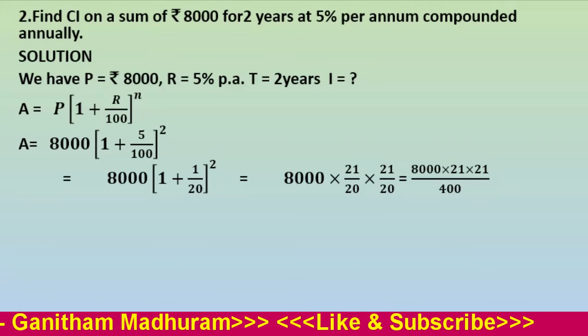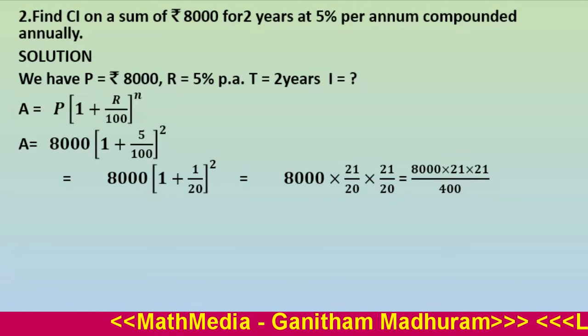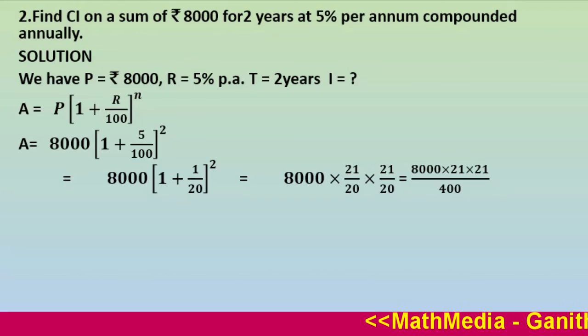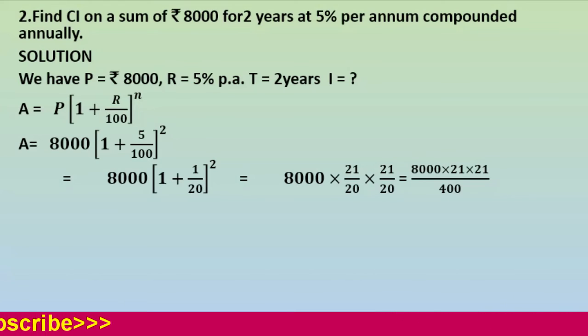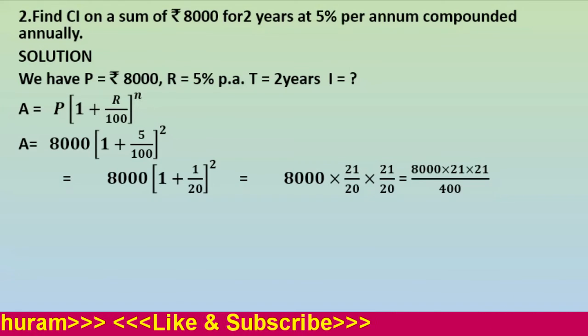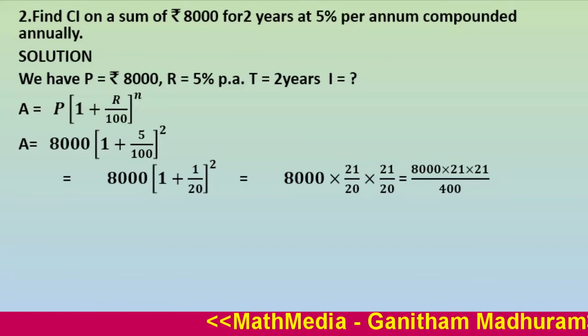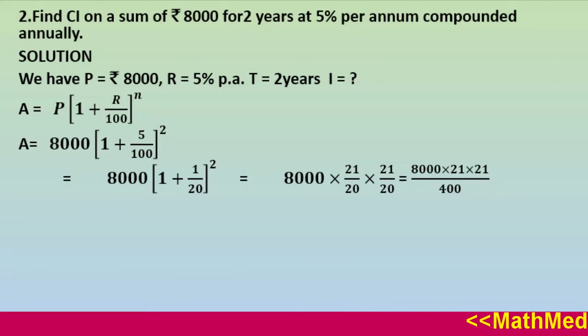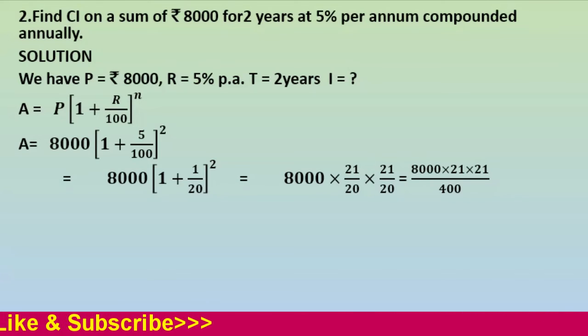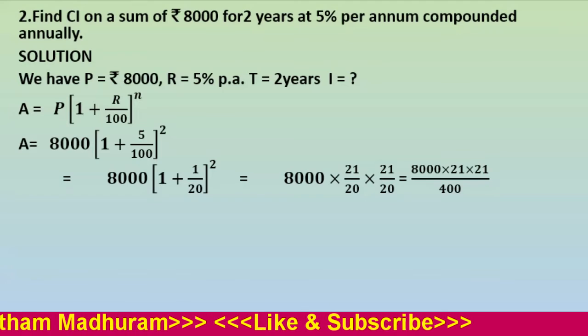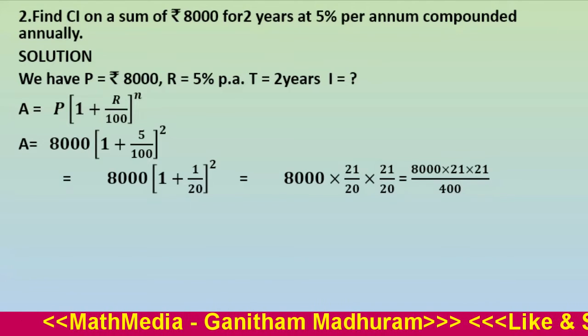So we get 8000 into 21 upon 20 into 21 upon 20, because 1 plus 1 upon 20 whole square. While solving we get 21 upon 20, we have to write 2 times. That is 8000 multiplied by 21 into 21 whole divided by 400.